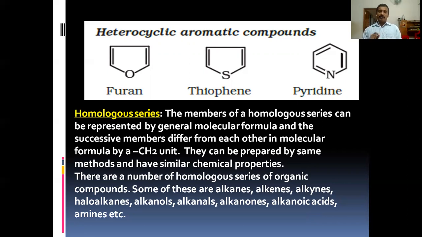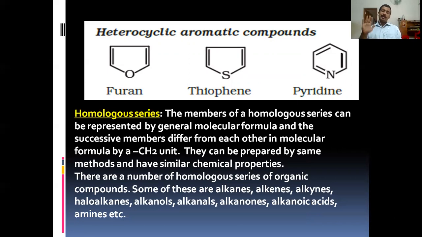They can be represented by a general molecular formula, and the adjacent or successive members differ from each other in molecular formula by a CH2 group. They can be prepared by the same methods and have similar chemical properties.